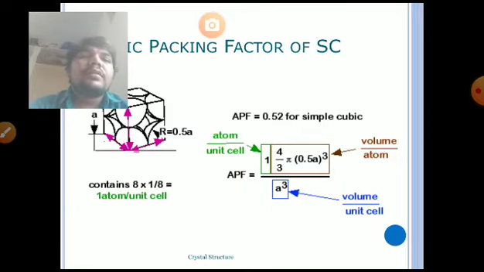Next, APF of the simple cubic structure.